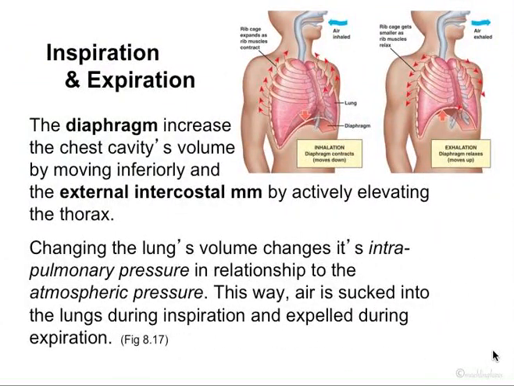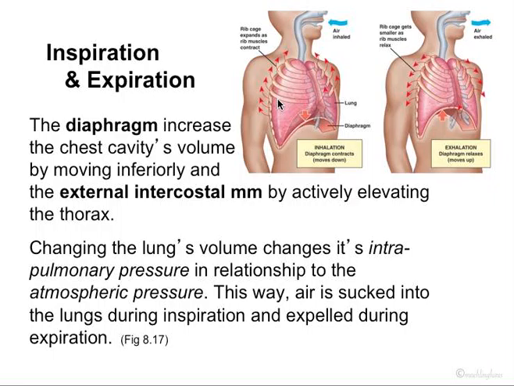And when we do that movement, actually the most important muscle is the diaphragm. The diaphragm increases the chest cavity volume by moving downward, by moving inferiorly, and then the other muscles that work together with that are the external intercostals, which are the ones here between the ribs on the outside, and they actively elevate the thorax.